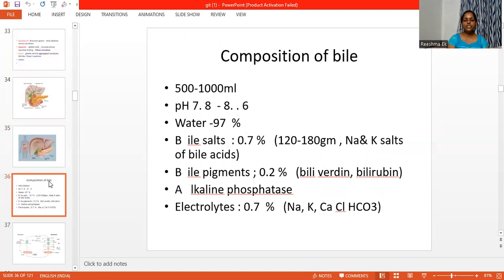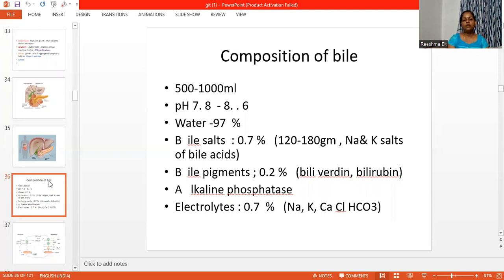Then about the composition of bile. Bile is a greenish yellow fluid which is secreted by the hepatocytes of the liver. It is actually a digestive juice. The amount of bile secreted per day is about 500 to 1000 ml. The pH of the bile is about 7.8 to 8.6.